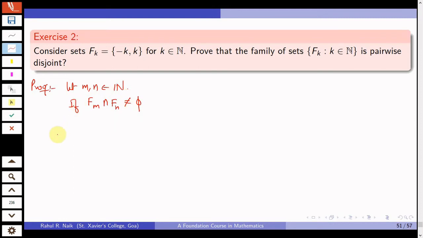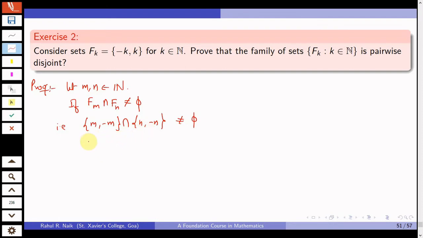So, what is F_m? By the definition, if m is a natural number, it is {m, minus m} intersection {n, minus n} is non-empty. Now, you can see that these two sets contain only two elements, and you should be able to assert a condition when these two sets are going to have a non-empty intersection.